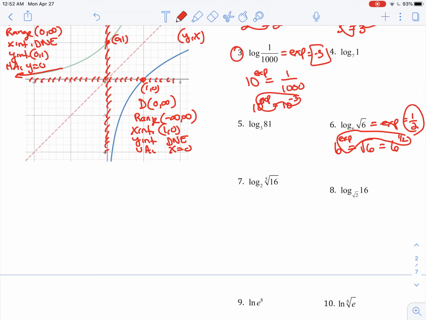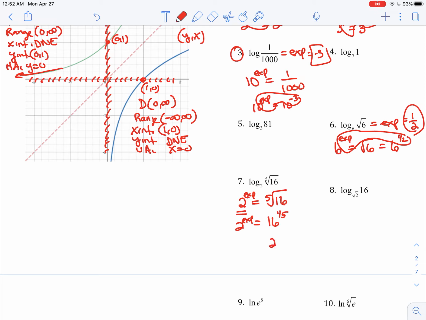Okay. Let's jump down to number 7. The log of the 5th root of 16 base 2. So 2 raised to what exponent gives us the 5th root of 16? If our base is 2, we want to try to rewrite our quantity if we can with a base 2. Well, the 5th root of 16 is the same thing as 16 to the 1/5 power.